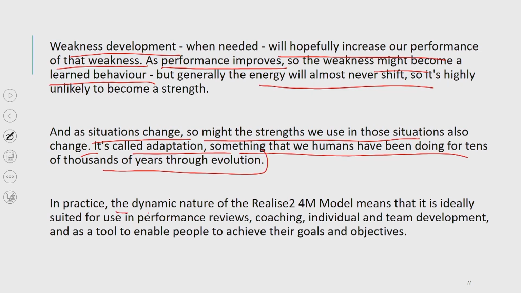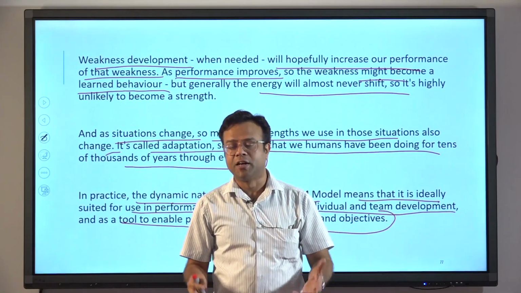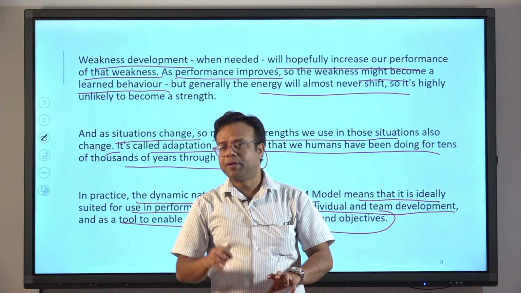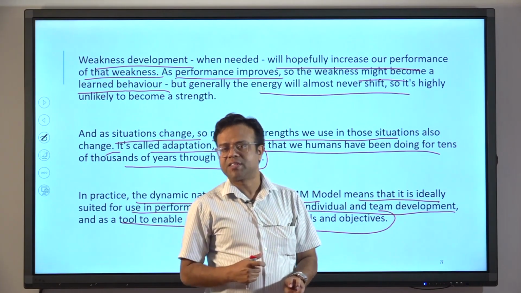So in practice, the dynamic nature of the Realise2 4M model means that it is ideally suited for use in performance reviews, coaching individuals and team development, and as a tool to enable people to achieve their goals and objectives. Because of this dynamic nature, it can be very helpful to understand and categorize people's strengths and weaknesses.